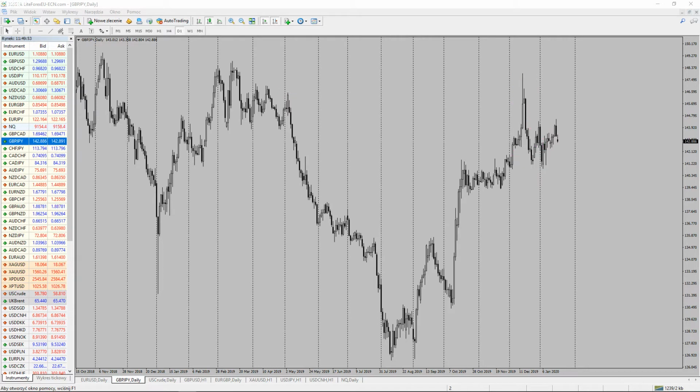So for me, right here, right now, that's the main supply zone based on the daily chart. In that case, we are talking about the levels between 140.480 and 140.660. Of course, lately the pound was a bit volatile, so that's why the range is a little bit wider. But that's the last supply I see.